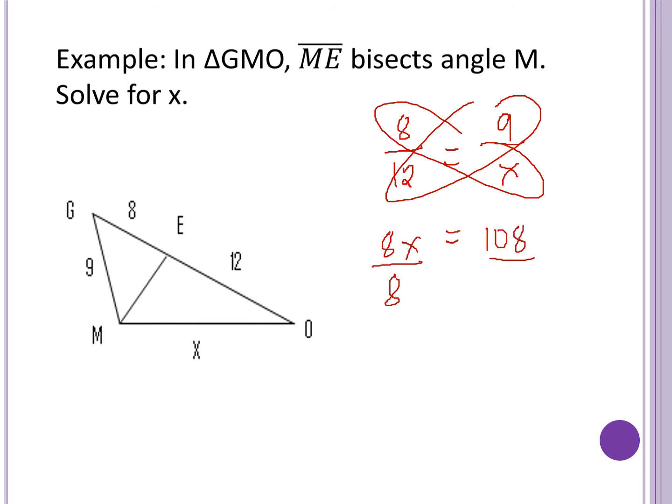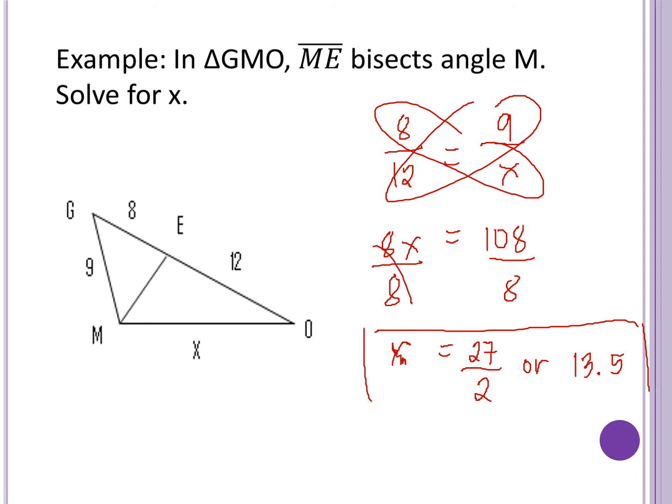Divide both sides by 8. Therefore, x is equal to 27 over 2. So 108 over 8 in lowest term is 27 over 2. We can express our answer in decimal form. 27 divided by 2 or 108 divided by 8 is equal to 13.5.